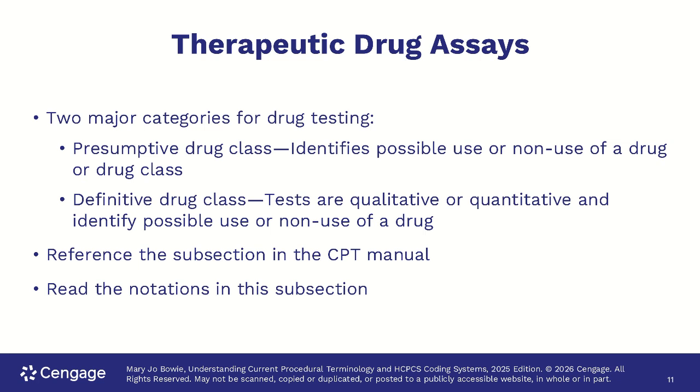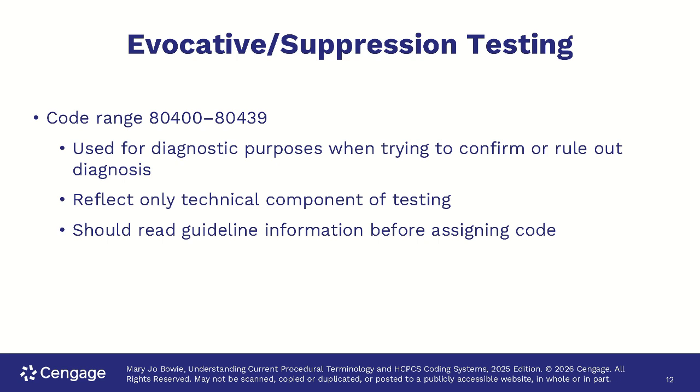You have the presumptive drug class and a definitive drug class. And presumptive is determining the possible use or non use of a drug or a drug class. And then definitive drug classes are qualitative or quantitative. So, qualitative, is it there? Quantitative, how much is there? Okay. There are some notes in front of this area that you will want to pay close attention to.